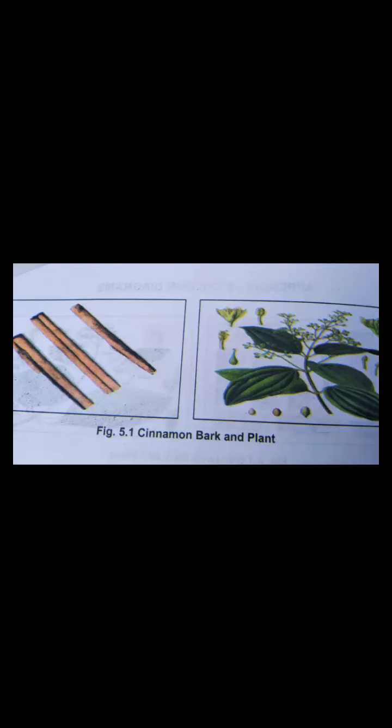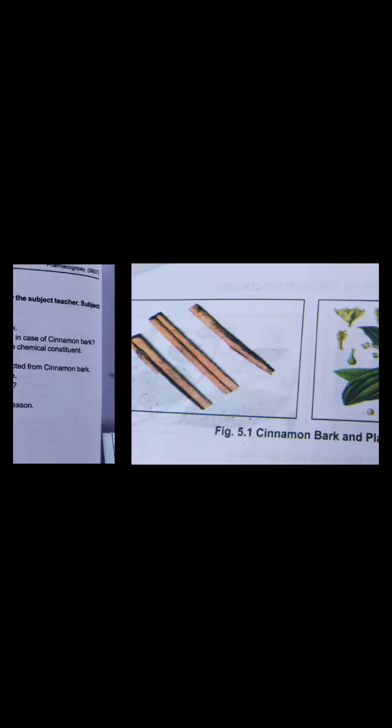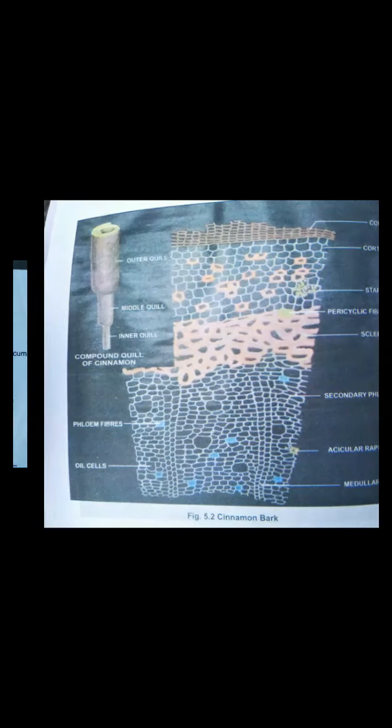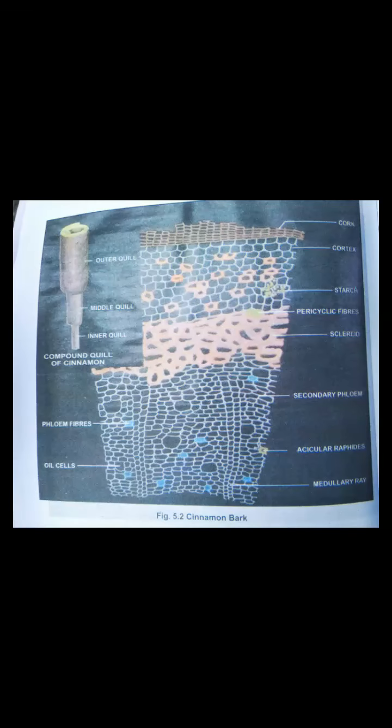Then microscopy of the cinnamon bark. Here is the TS, that is the transverse section of cinnamon bark. In this TS, cork is present, cortex, starch, pericyclic fibers, sclereids, secondary phloem, acicular raphides, medullary rays, oil cells and phloem fibers are present.